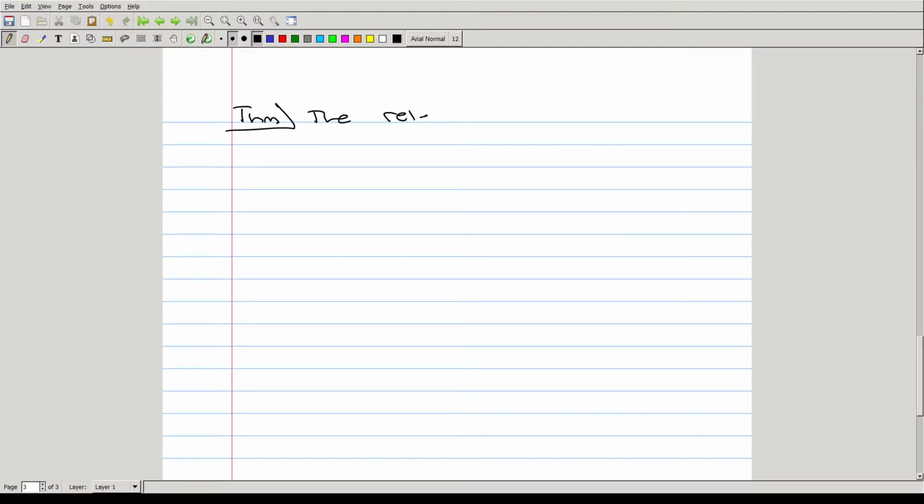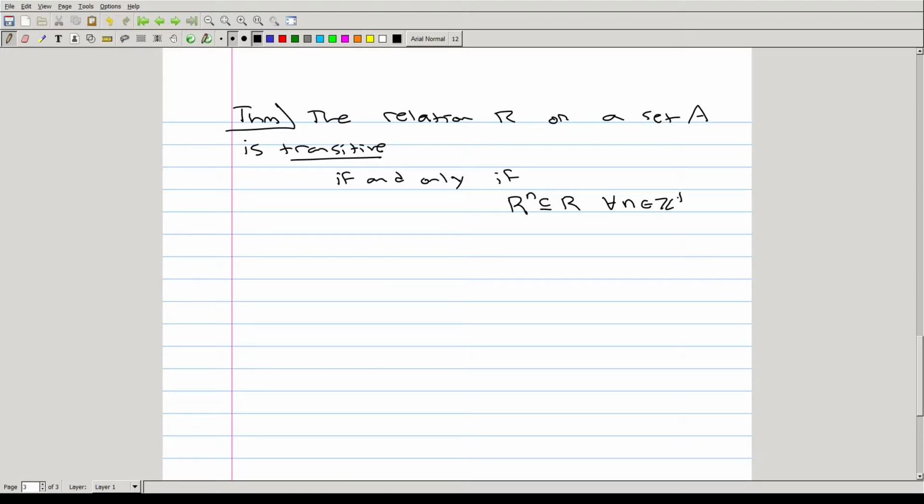The relation R on a set A is transitive if and only if the nth power of the relation is a subset of R for all n in the positive integers.